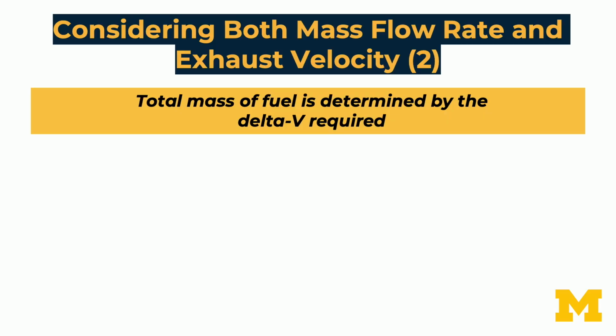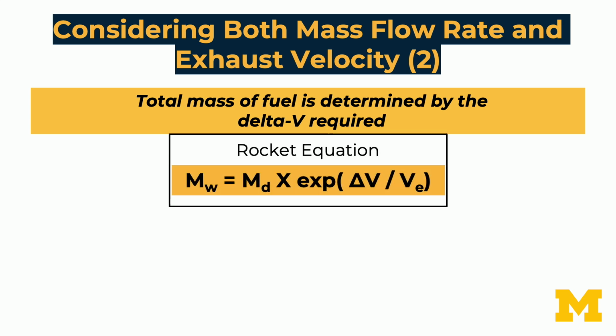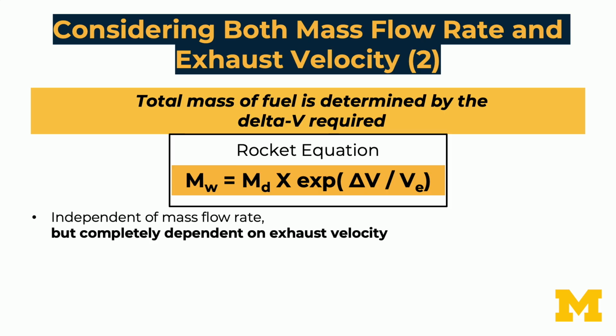So the total mass of the fuel that we need to get off the ground, we can determine. We can use the rocket equation to basically figure out the mass of the rocket that we need, given the delta V that we desire and the exhaust velocity that we have. Remember that this rocket equation here, if you look through it, you don't find the mass flow rate anywhere.